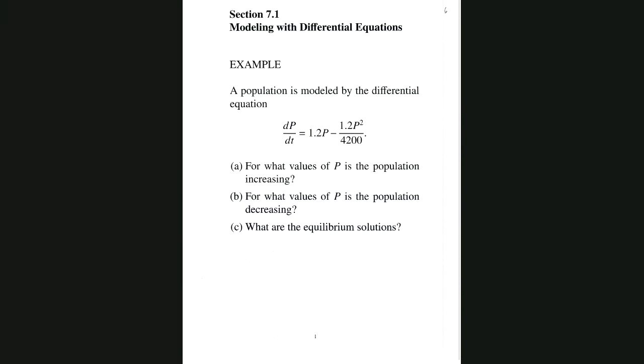The reason you can say the population grows exponentially in the beginning is based on the differential equation, but we're not going to dwell on that. When you get into differential equations, you'll learn more about that.